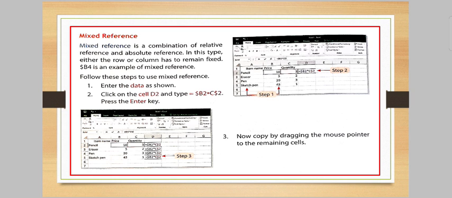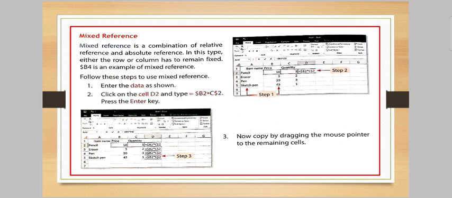Now copy by dragging the mouse pointer to the remaining cells, and the formula will be copied from D2 to the other cells. So you write the formula in one cell, then you can drag it to copy the formula to other cells.